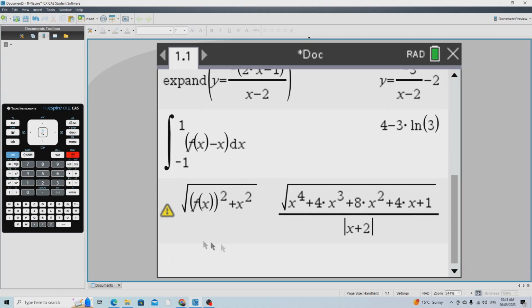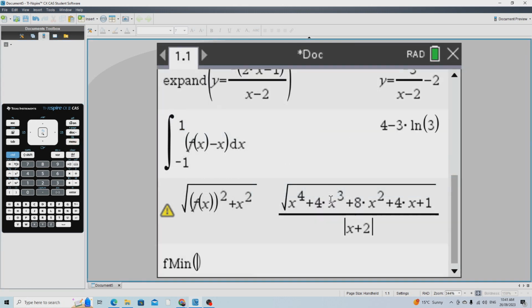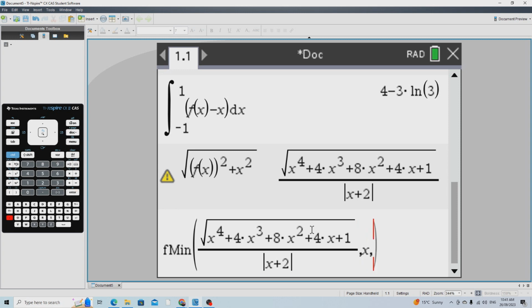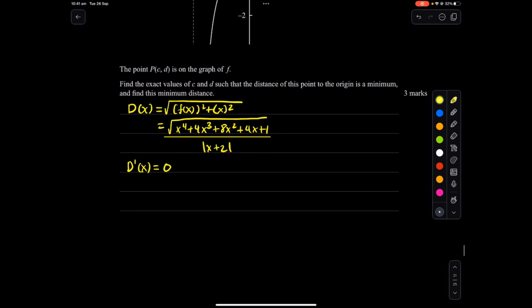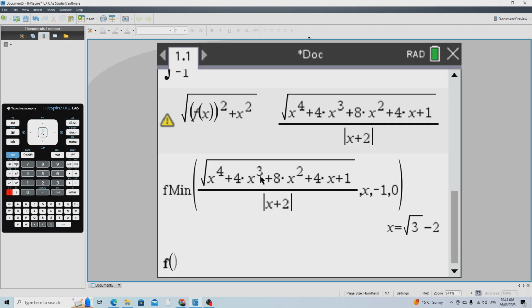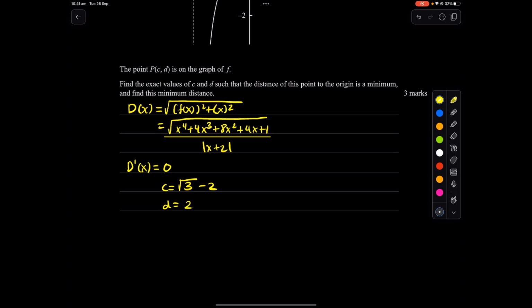So what I'm going to do now is the quickest way, which is just go in menu and calculate the minimum value of this function over here. So I want to calculate the minimum, given that x, we can see, is only between -1 and 0. And we get our actual value. Done. That's your c value. So your c value is √3 minus 2. And your d value would be, what's f of this value? 2 minus √3.